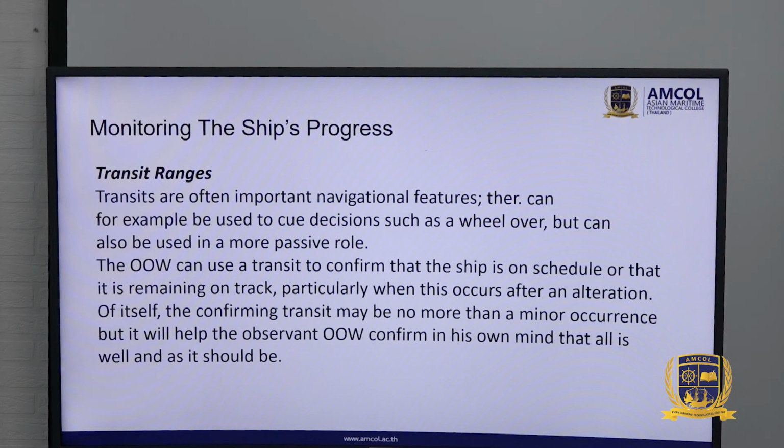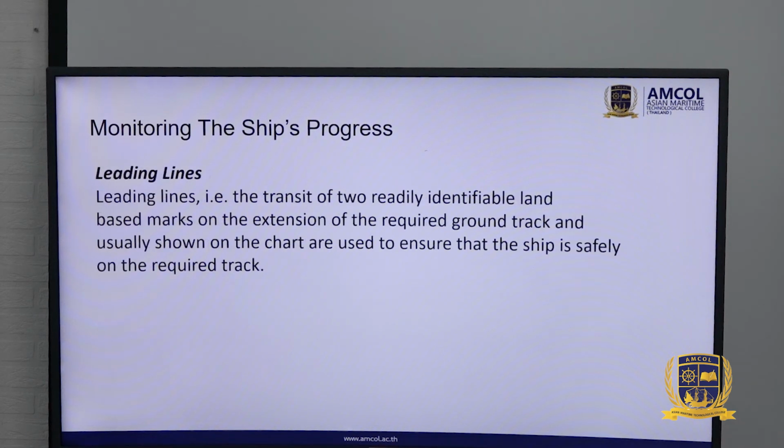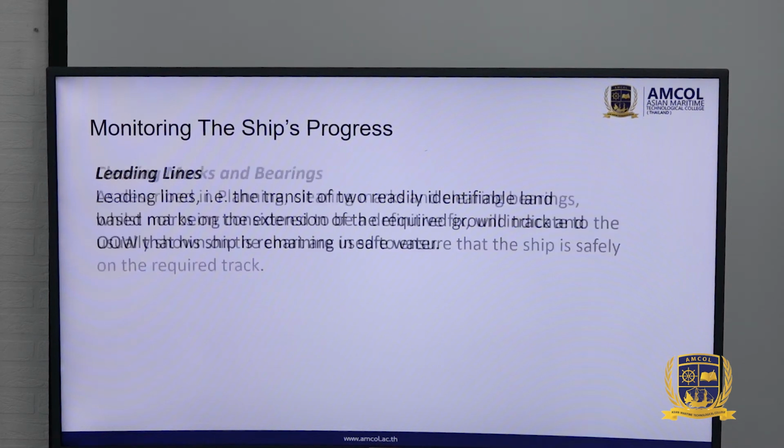Transit ranges, that means the ranges which will confirm that the ship is on track, or even help you to verify the compass error. These are the transit ranges, and these are mainly in coastal waters or confined waters. Leading lights, it's very similar to transit lights, to help you in safe navigation.